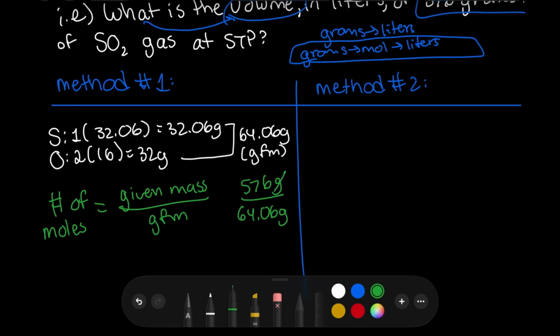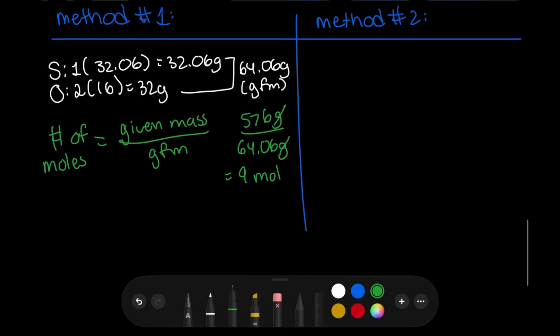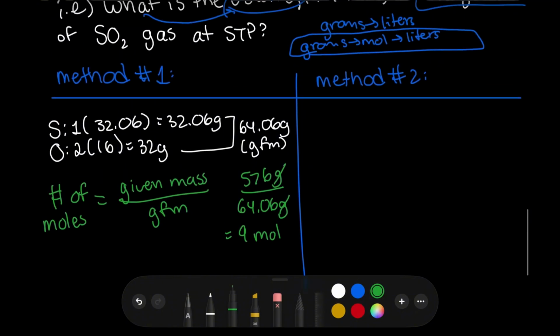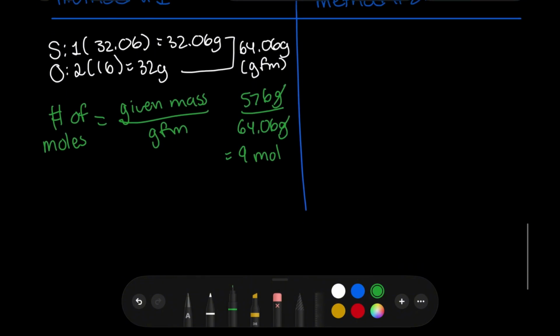So we cancel out the grams, and we actually do the division, and we're going to get around 9 moles of sulfur dioxide gas. Now that we did our first conversion, now we can convert these moles into liters. So we just do what we just learned. In order to convert from moles to liters, we want to have the moles at the bottom.